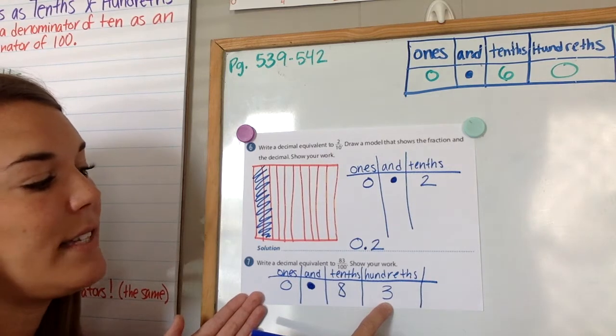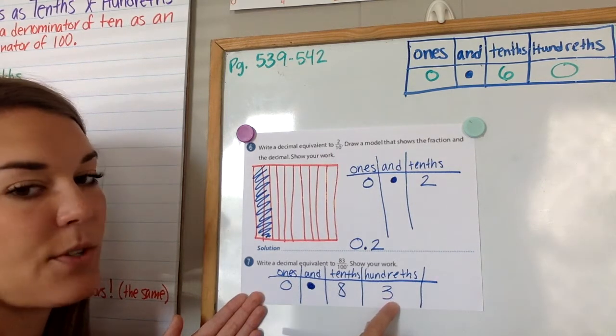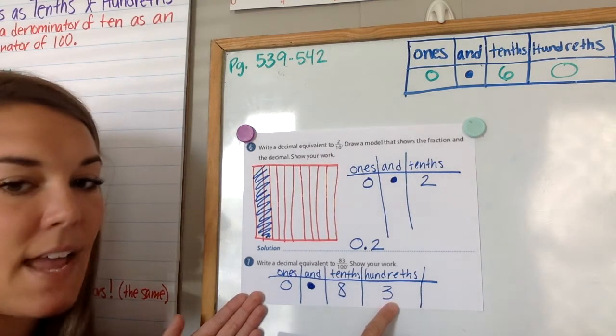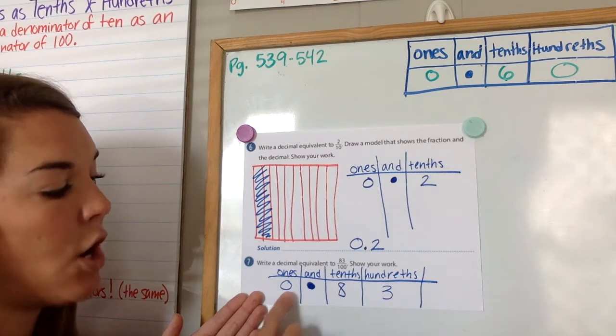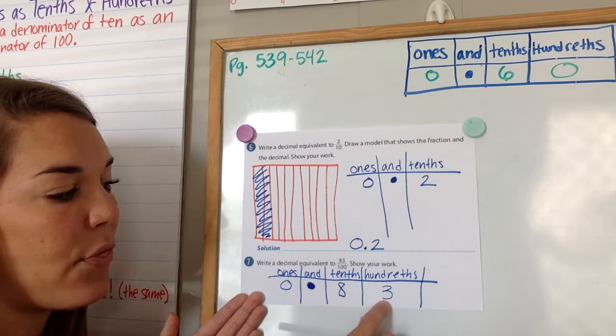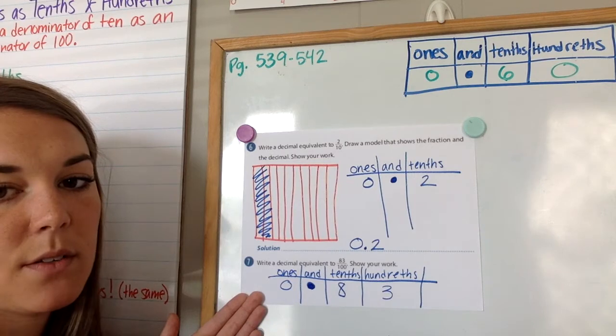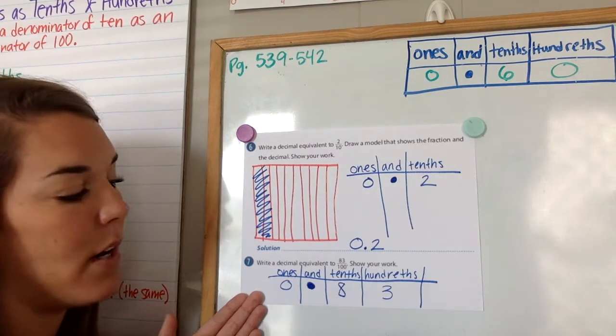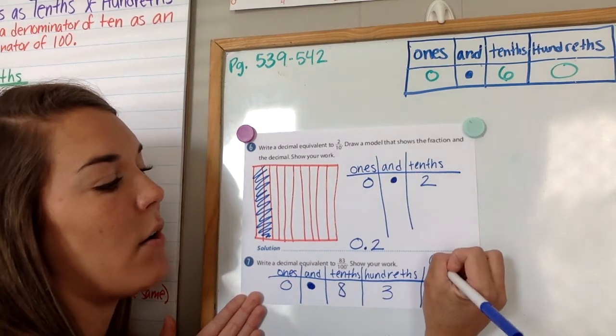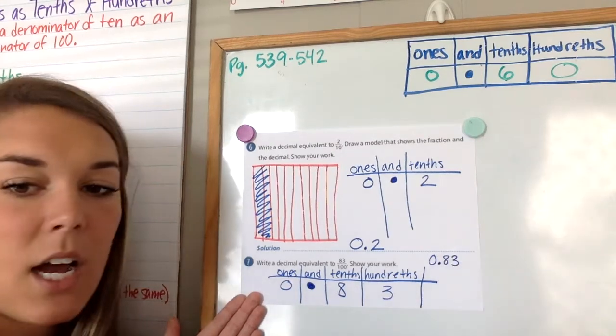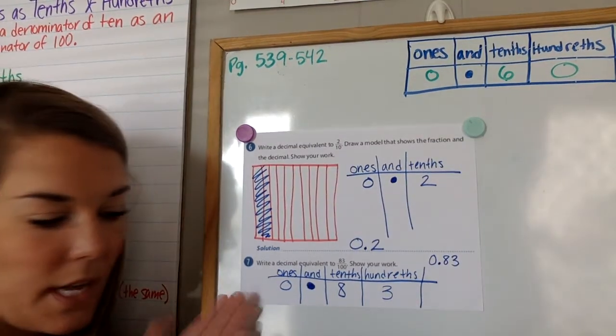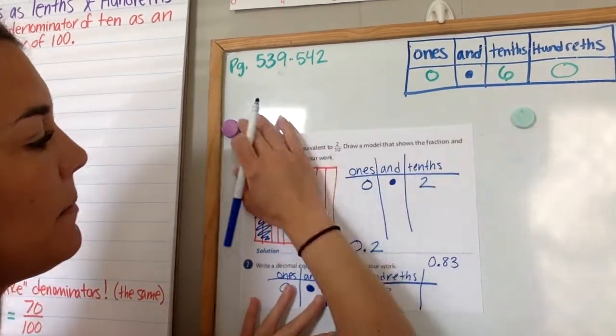Now, since this decimal goes all the way to the hundredths box, I say it like 0 and 83 hundredths, okay? If you wanted to rewrite it nice and neatly, you could write 0 and 83 hundredths, okay? Last problem.